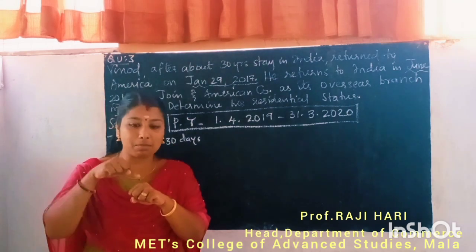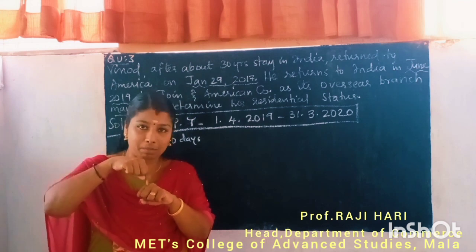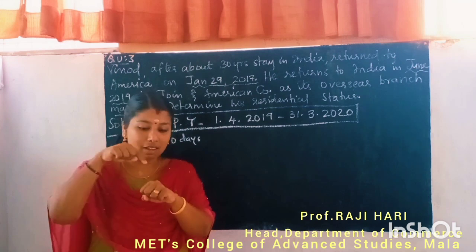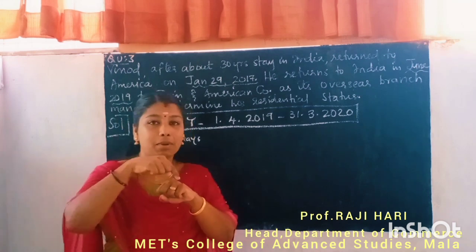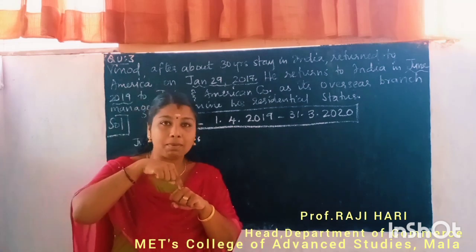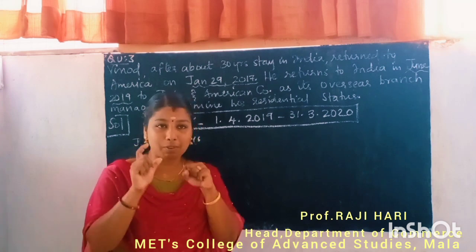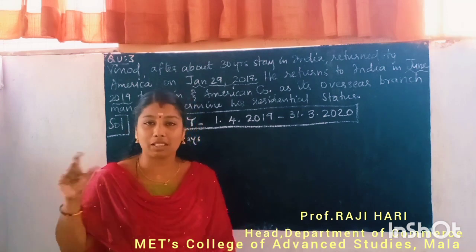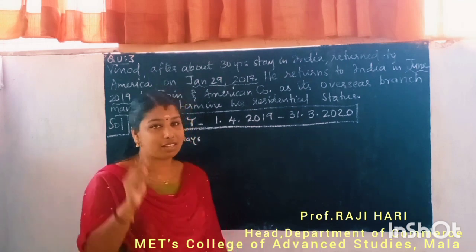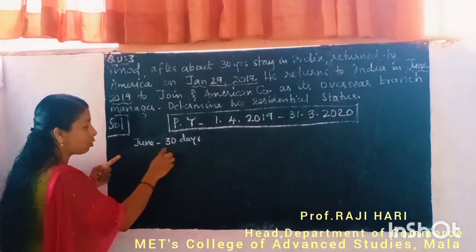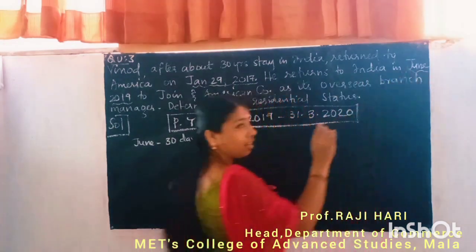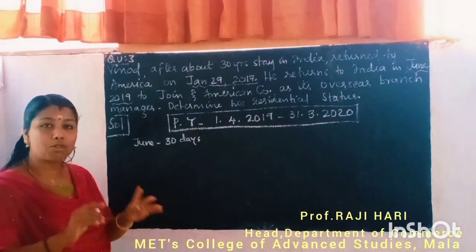You start from January 31, February below, then March, April, May, June, July, August, September, October, November and December. All these top portion months have 31 days and all the down portion months have 30 days except February. And in February, during a leap year 29 days and in normal years 28 days. That you have to remember. Okay, so he does not mention the date, only said he returns to India in June. So we assume that he came on June 1st itself.